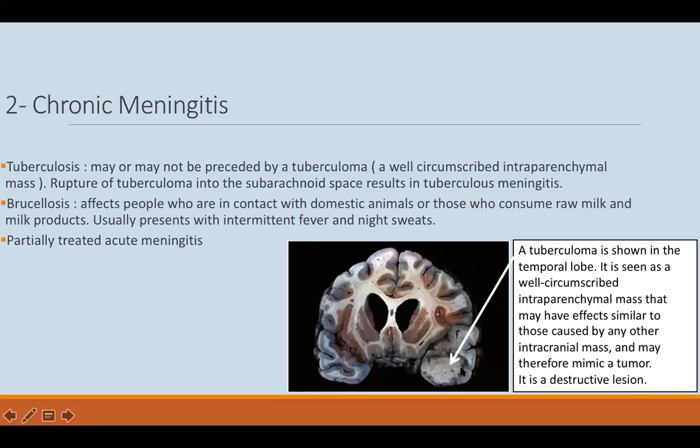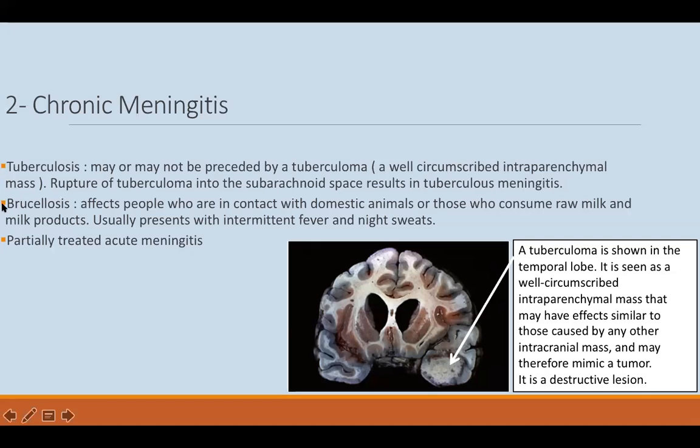Also, a tuberculoma sometimes can be mistaken for a tumor. It can mimic a tumor. Okay, brucellosis: it is important to remember the risk factors for it. It affects people who are in contact with domestic animals or those who consume raw milk and milk products.